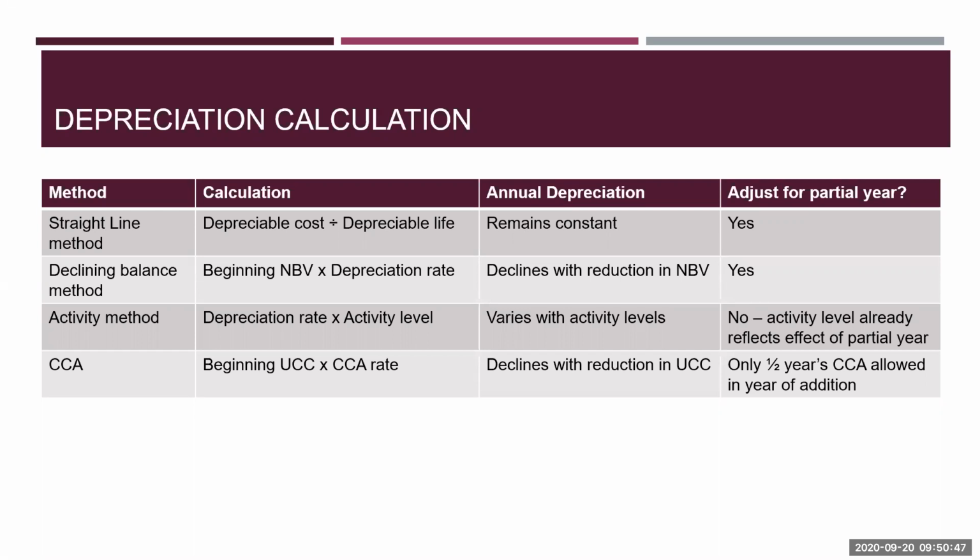Okay, so in that case, even though you had the asset from March to December in that year for 10 months, under the CCA in the year of addition, there will be half-year depreciation. The same rule would apply even if you got the asset on December the 1st. You had the asset only for 1 month, but you would still get half-year depreciation under the CCA rules.